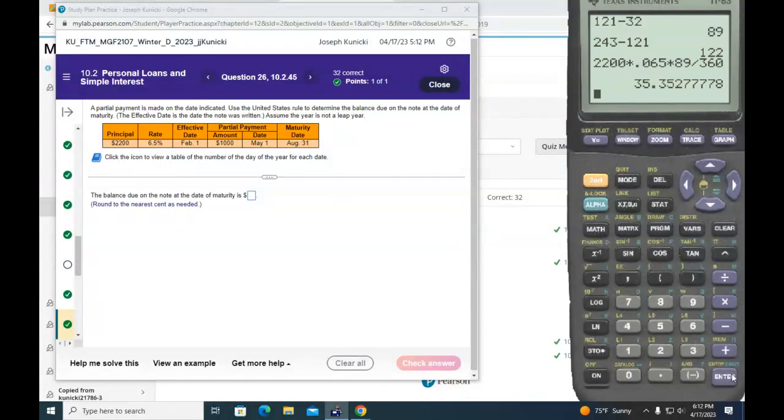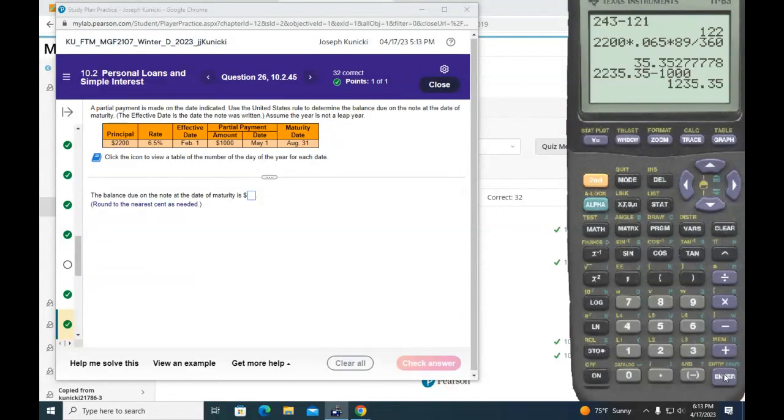So I will need to pay interest of $35.35. So I take 2,200 and I add 35.35, which I can do with one operation here, and I subtract the 1,000. See. So that's the principal that's left for the remainder of the loan.